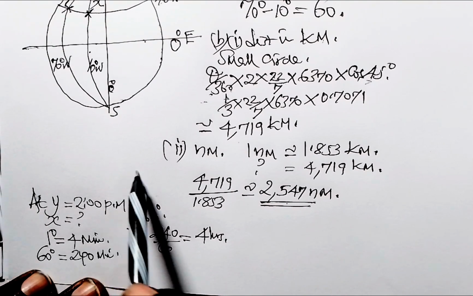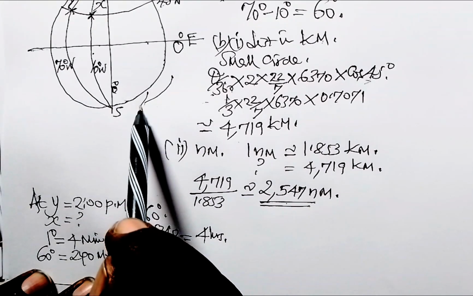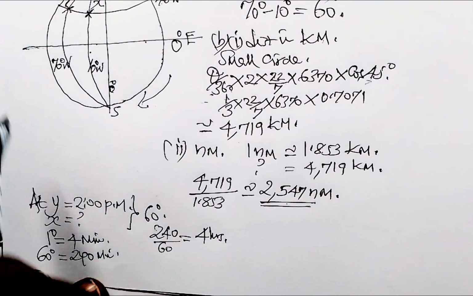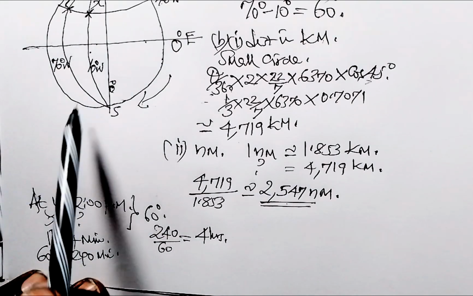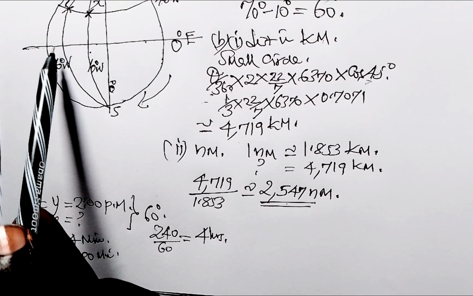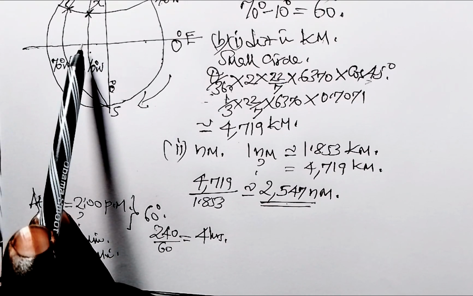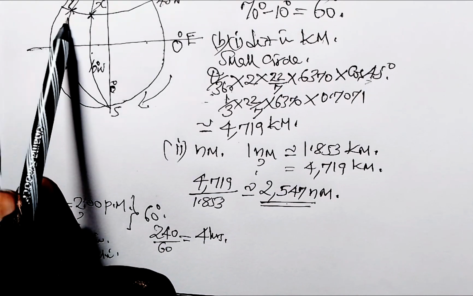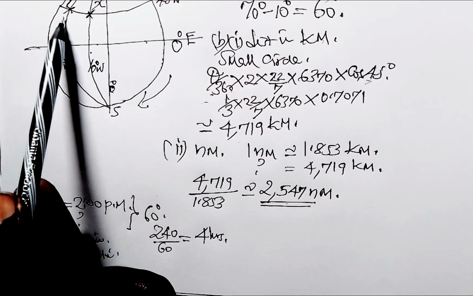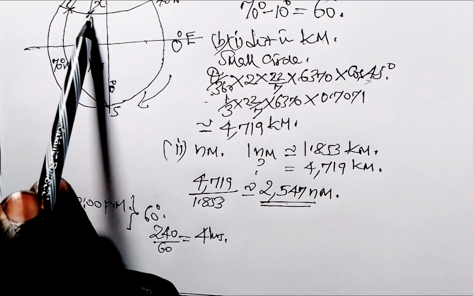And we know that the Earth rotates in a west-easterly direction, from west towards east, meaning that any point that is easterly is ahead of time to any point that is due west. So Y will be ahead of time and X will be behind time. So if at Y it is 2 p.m., at X it will be behind by 4 hours.